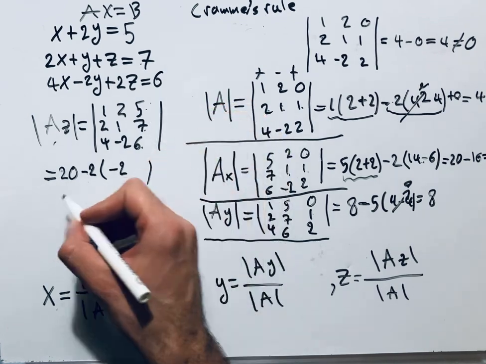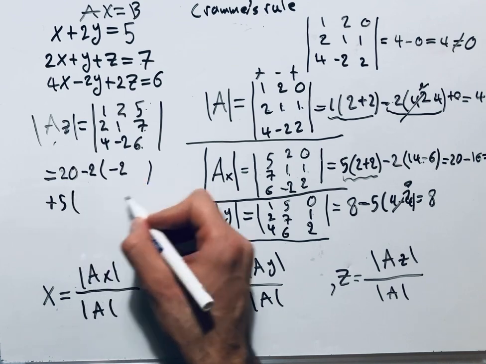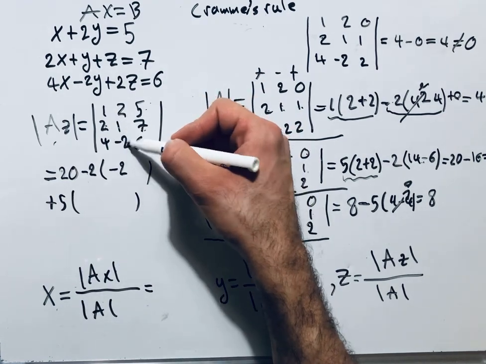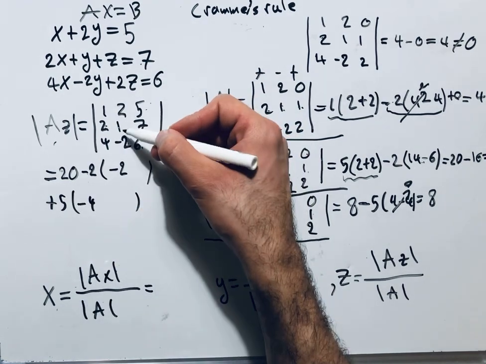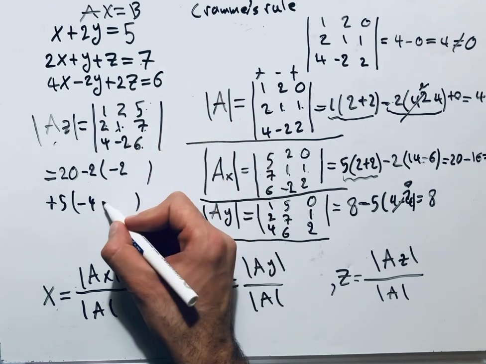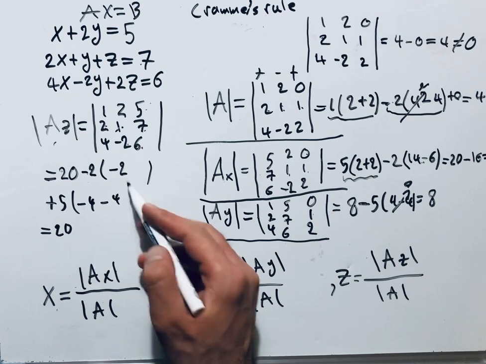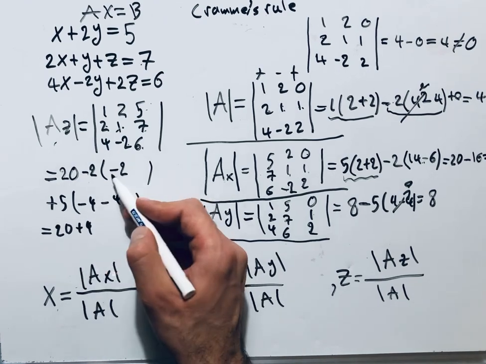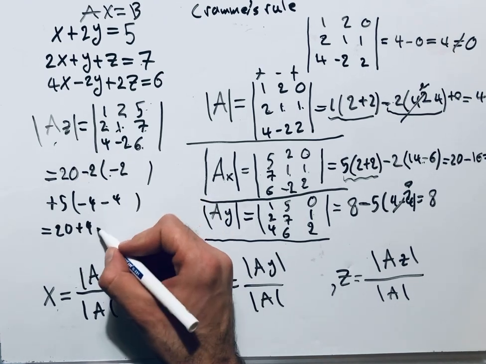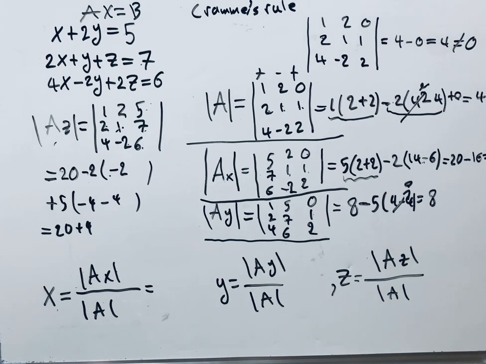And this time we need the third one, so we have 5, okay? 2 times, so negative 4, and then this is also negative 4, okay? So let's see, do we get 20, and then plus 4, actually. And then this would be actually, let me see, did we actually make a mistake or not?